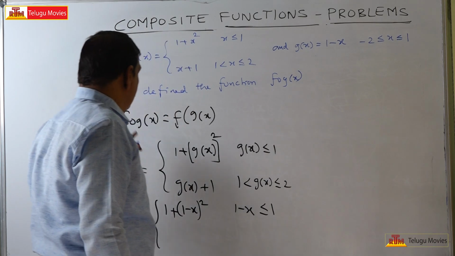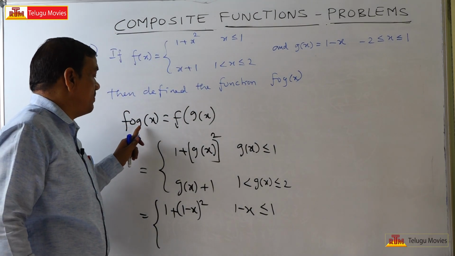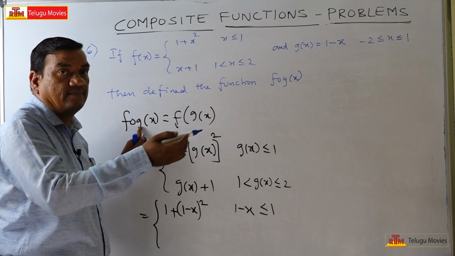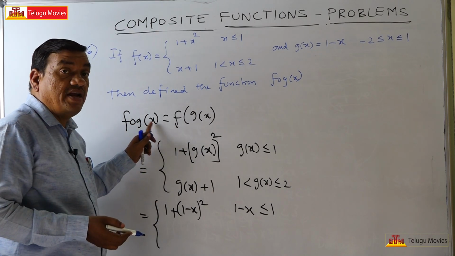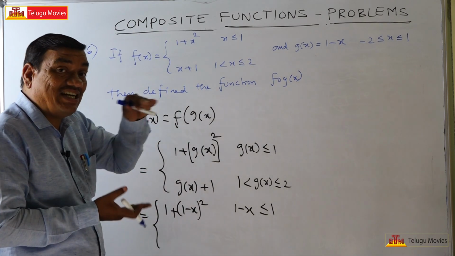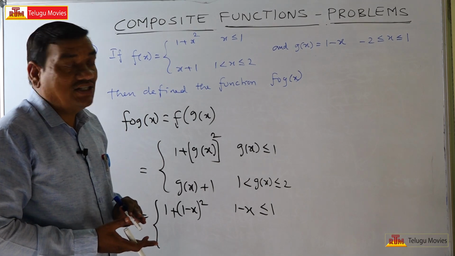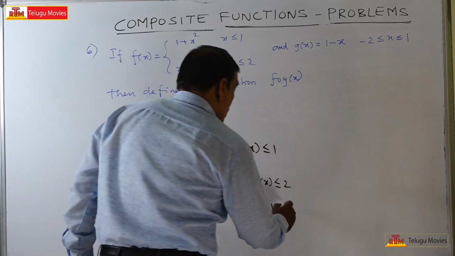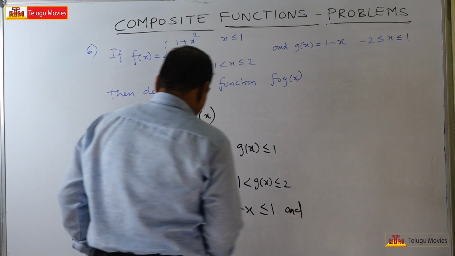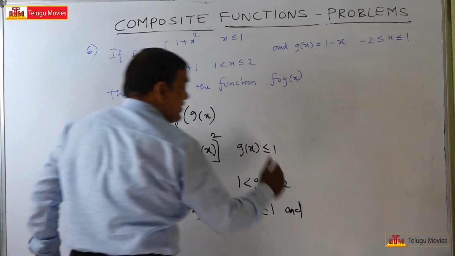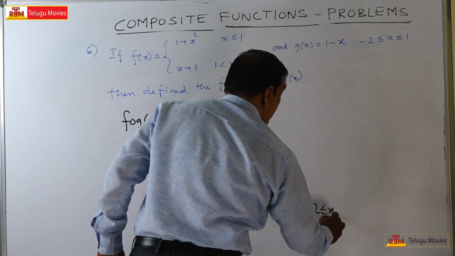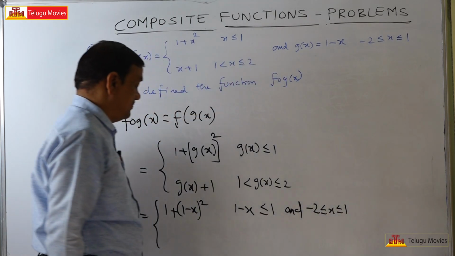Why? Because f circle g of x domain and the domain of g of x, intersection part you have to take. Means here you have to write down what is the domain of g of x? This is -2 less than or equal to x less than or equal to 1.